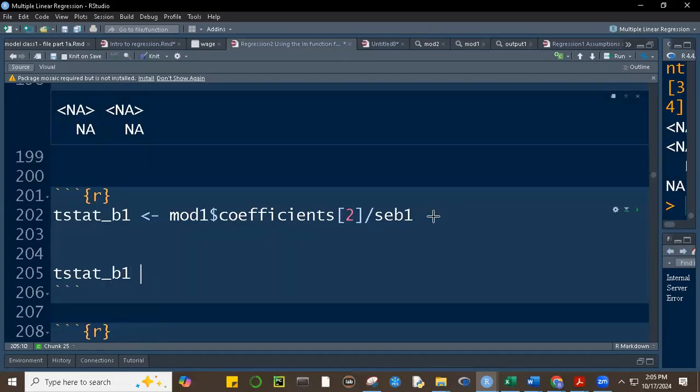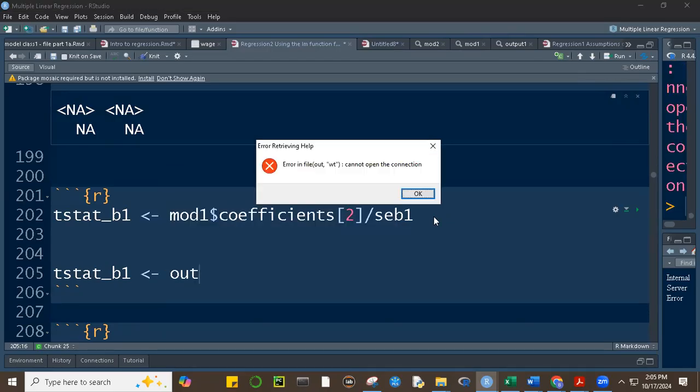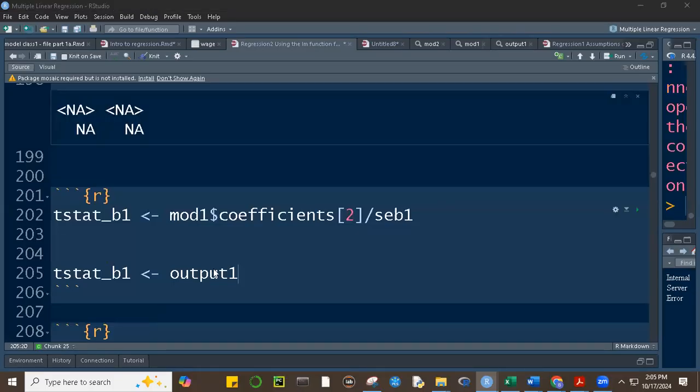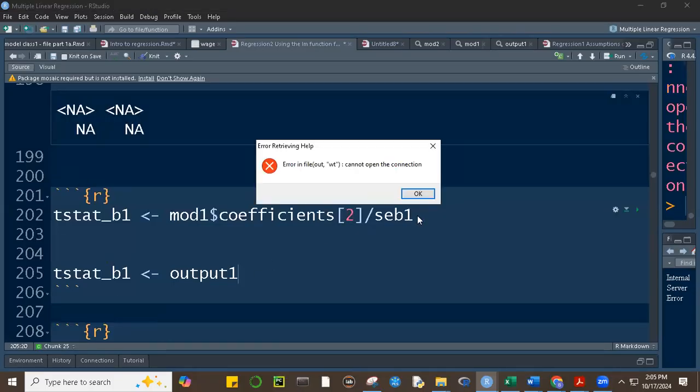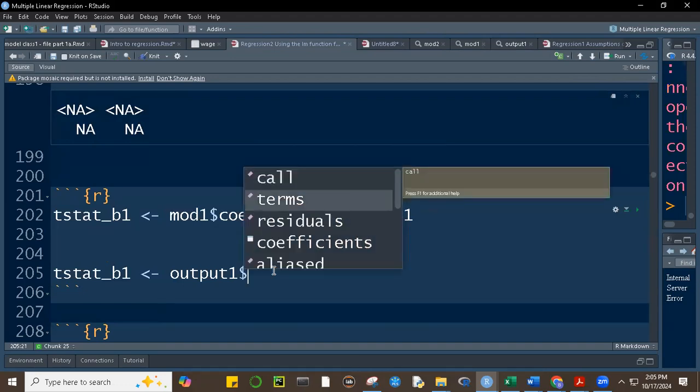Okay, we know how to do this now, class. It will be from your output, right? My R is really acting up today. Output 1, class. Output 1, dollar, class, dollar. Can get it from your coefficients.